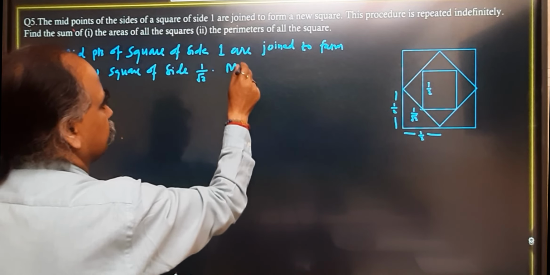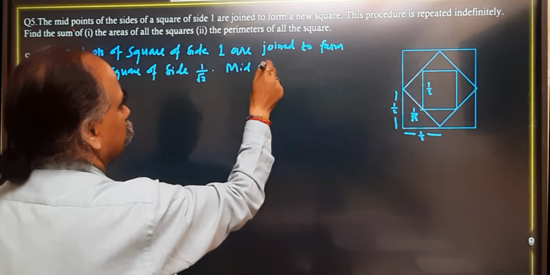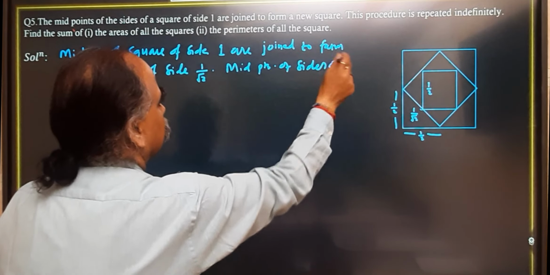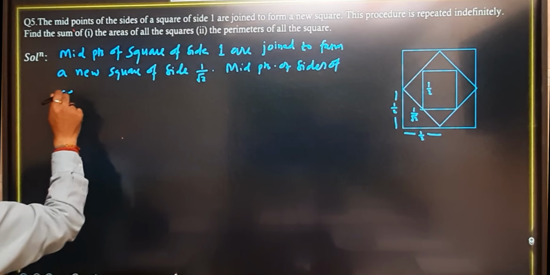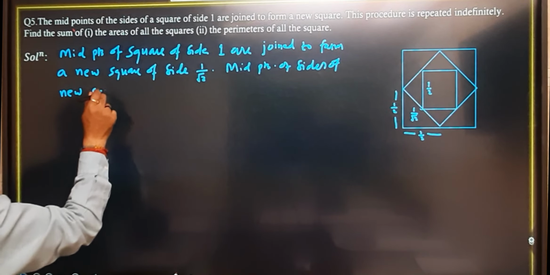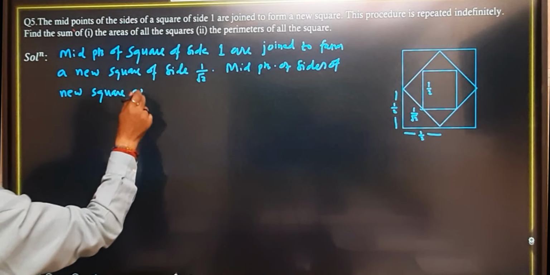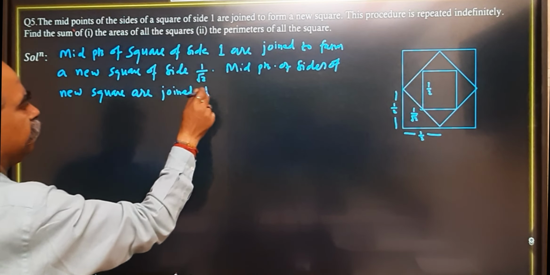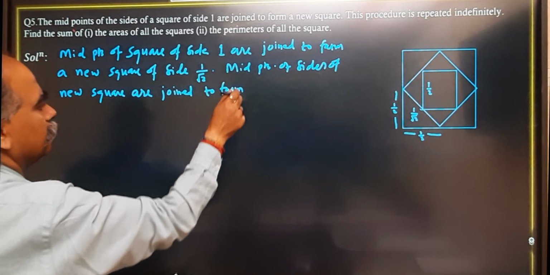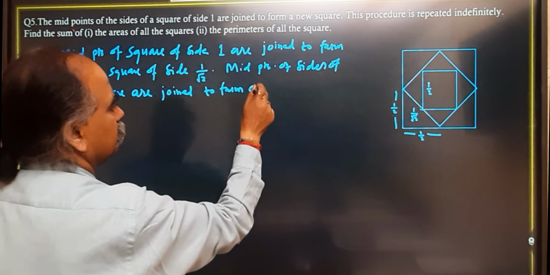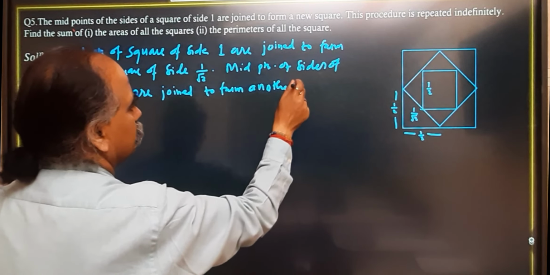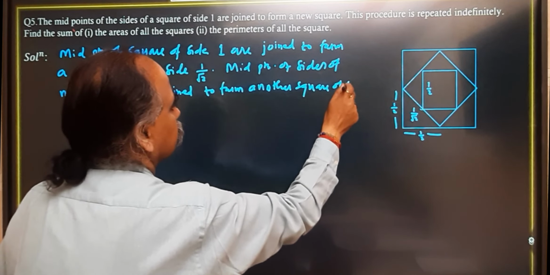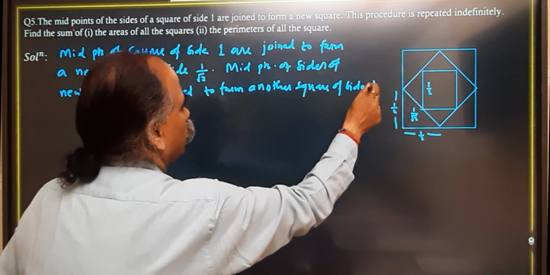Midpoints of sides of new square are joined to form another square of side 1/2.